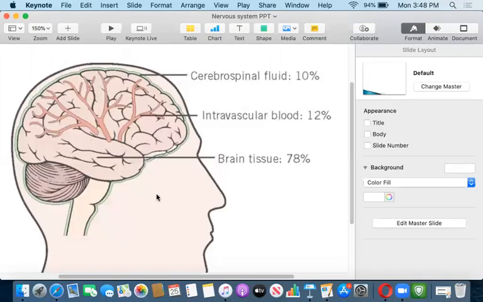Well, if pressure just continues to rise in the cranium, eventually these compensatory mechanisms that we just talked about are going to fail because they can't do too much. And if that pressure just keeps on rising, the whole brain is going to start to get pushed in a downward direction towards an opening at the base of the skull called the foramen magnum.